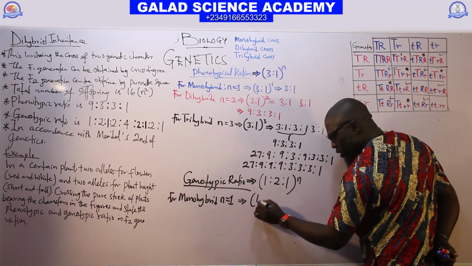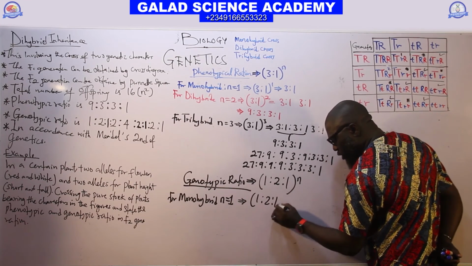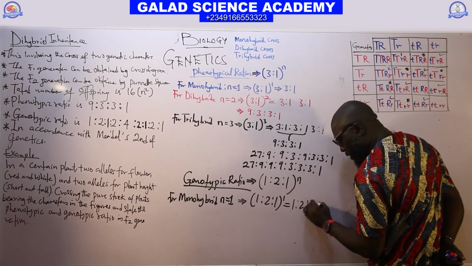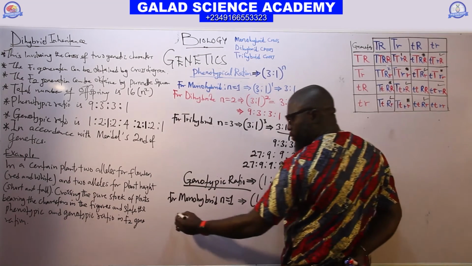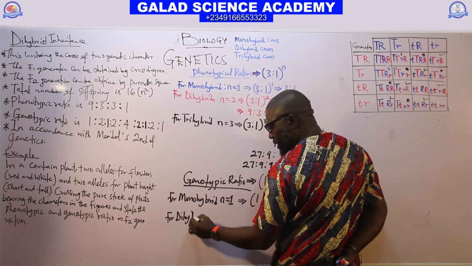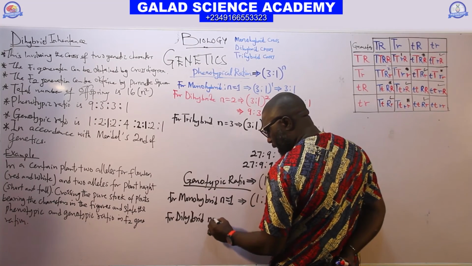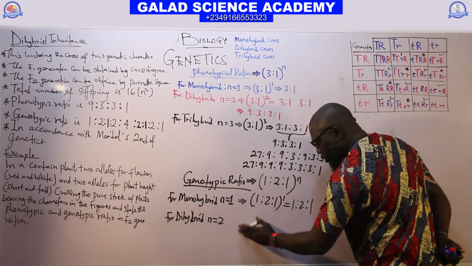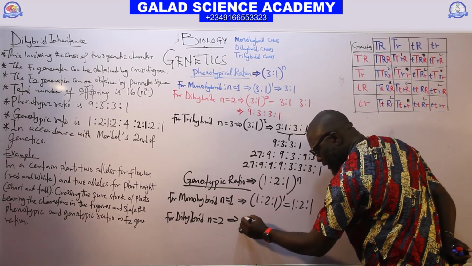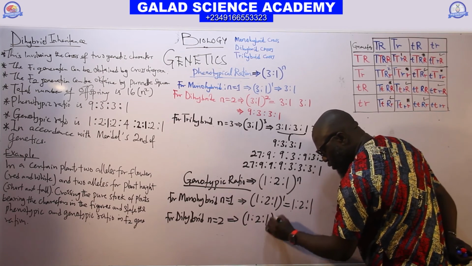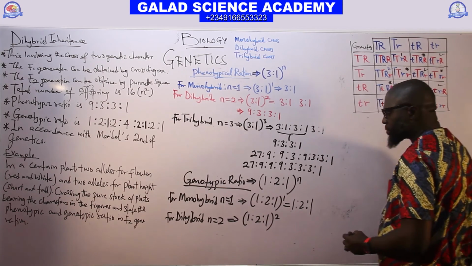We have 1:2:1. For dihybrid, N is equal to 2. So for N equal to 2 now, here we have 1:2:1 squared.